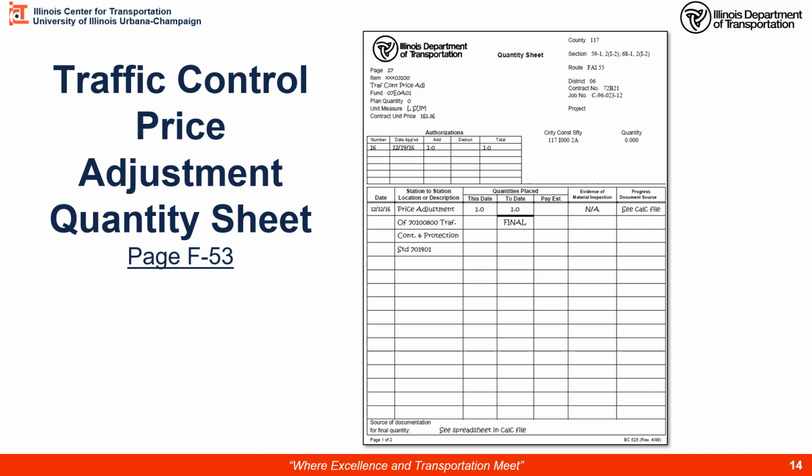That's going to be on our final payment. And we have our spreadsheet or field book for the calculation. So we just reference that. So this adds the quantity of an adjustment to the project. If it was less than the 10%, we would not do this. But since it's over 10%, we have to add the adjustment to the project. And that's what this exercise does.